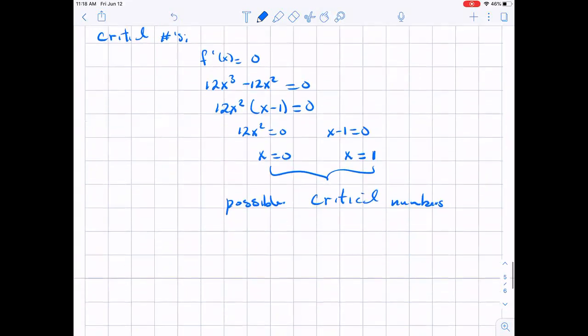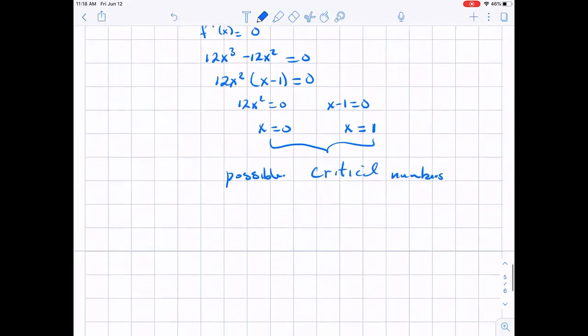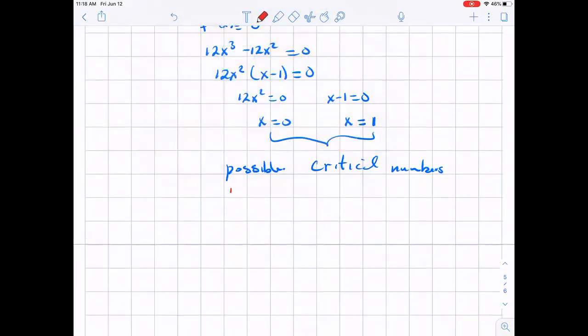There's a reason we said possible, because is f of 0 defined, and is f of 1 defined? Sometimes you're going to find critical numbers and you will have to ignore them at some point.